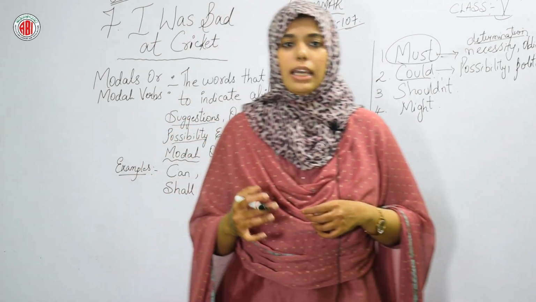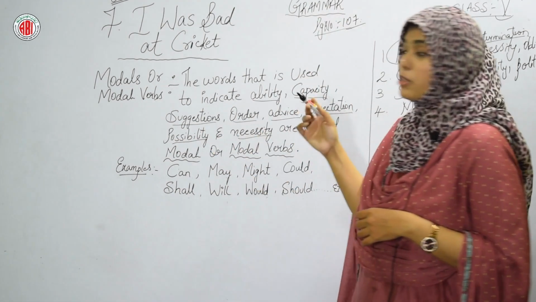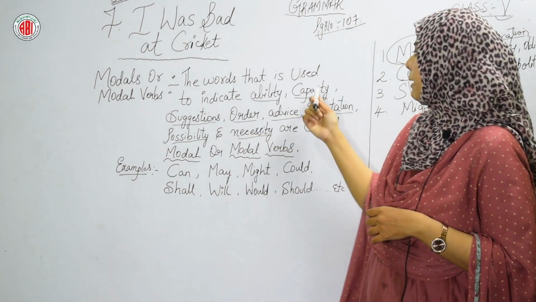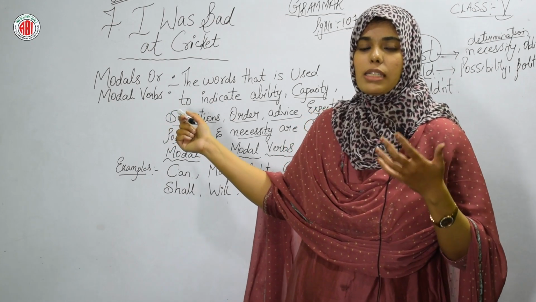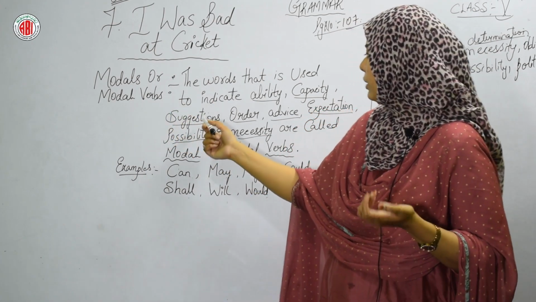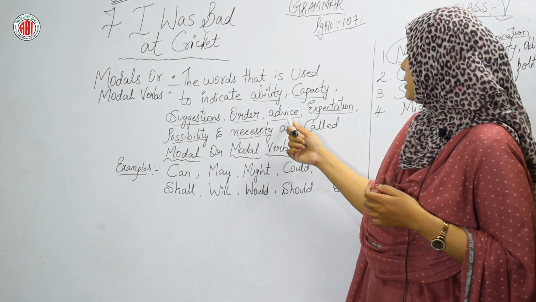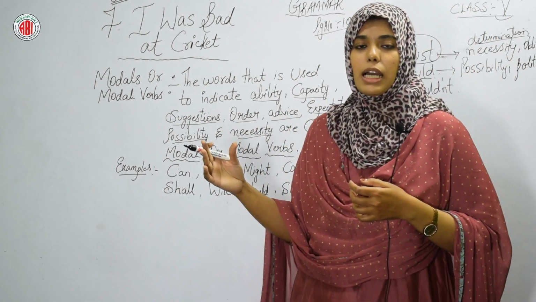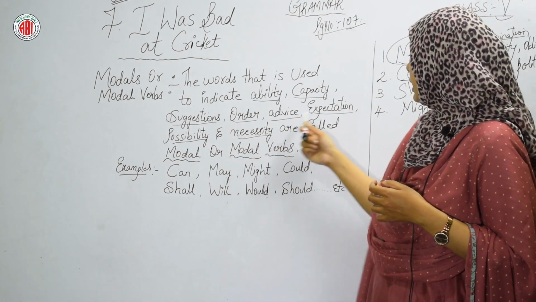As I said, these words are used to express or indicate ability, capacity, suggestions, taking someone's advice, feedback, okay. Order is nothing but the command. Advice is taking someone's advice for a particular thing or topic.